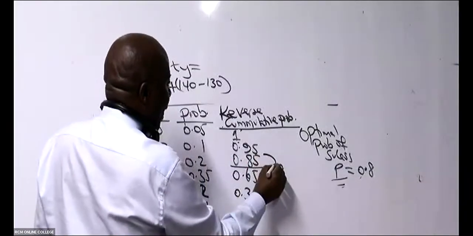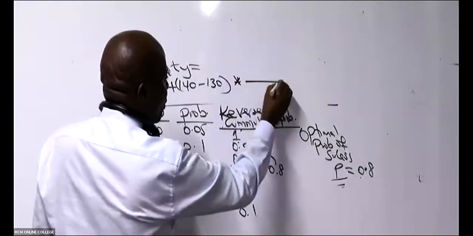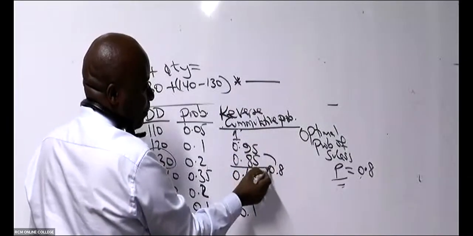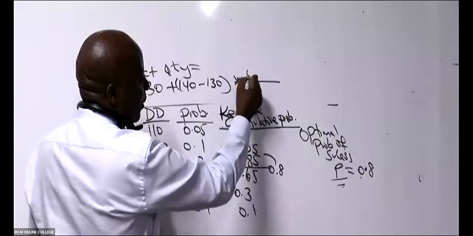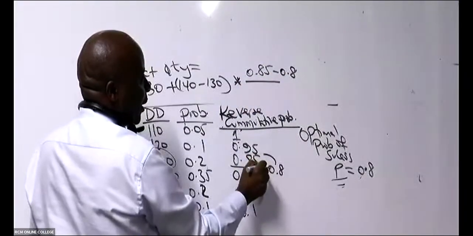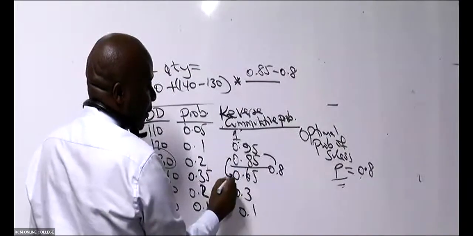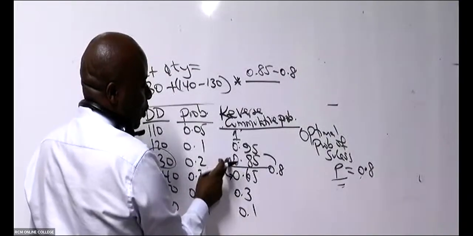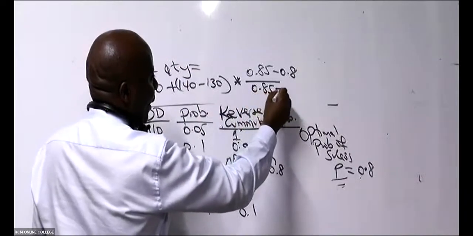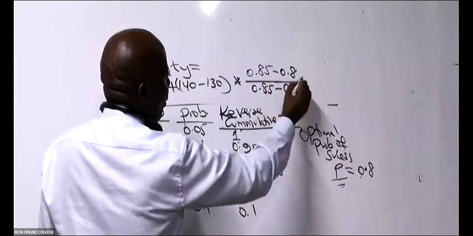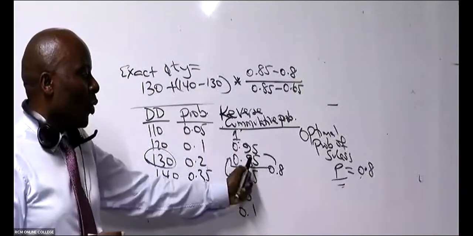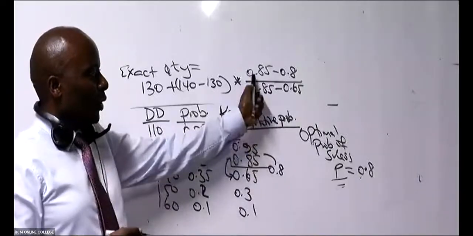Remember, we have a numerator, which will be the difference between these two numbers: 0.85 minus 0.8. And the denominator will be 0.85 minus 0.65. Not the way, Lillian, you did it. You took the lower arc. We always take the upper arc for the numerator.